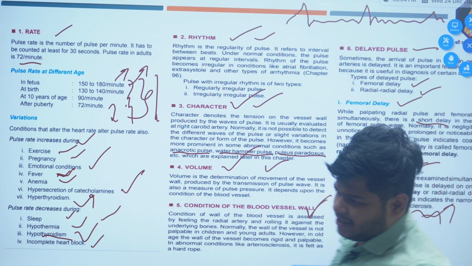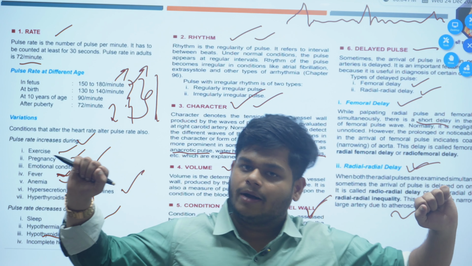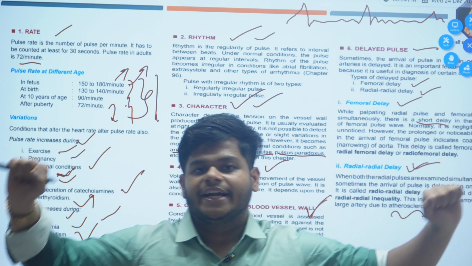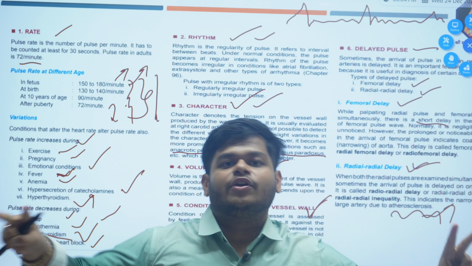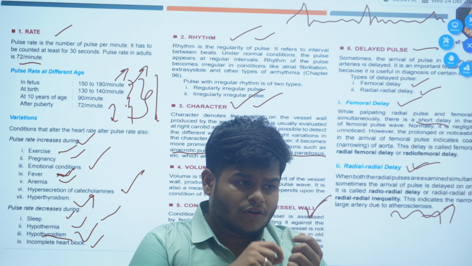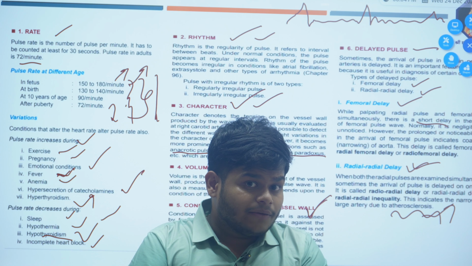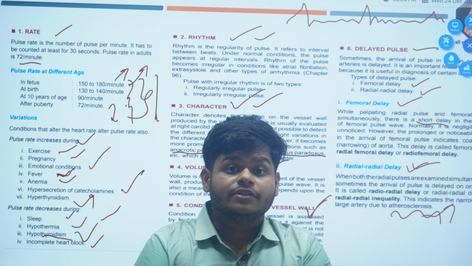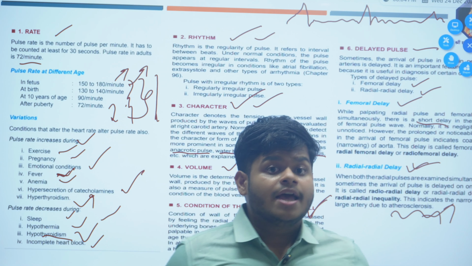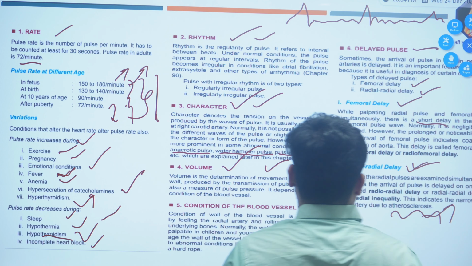In this condition, we have two hands, two forearms, two radius bones, and on them two radial arteries. Sometimes in one radial artery the pulse is not felt. Here it is irregular, here it is delayed by 0.01 seconds, here it is delayed by 0.02 seconds. It is a pathological condition, so we have to take it into consideration.